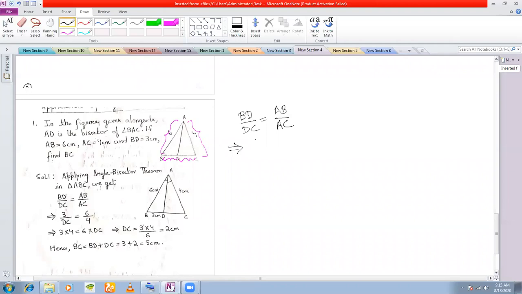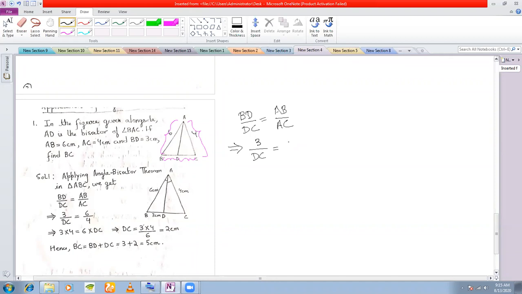AB is 6 and DC you have to find out. BD, sorry, this is BD, no? Yes, BD, sorry. So BD is given how much? BD is given 3 centimeters.